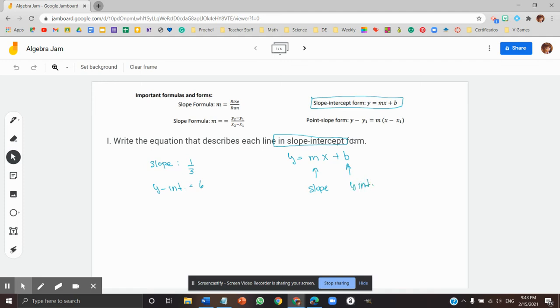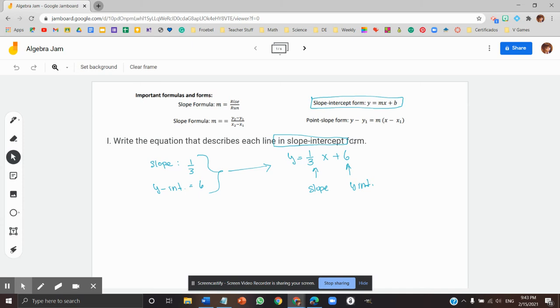As you can see, you have some information that is going to help you. The first one is your slope, a third, so you can rewrite that there. And your y-intercept is 6, so you can write that there. You just took all the information that you had and wrote it as your slope-intercept form. That is all you have to do in that part.